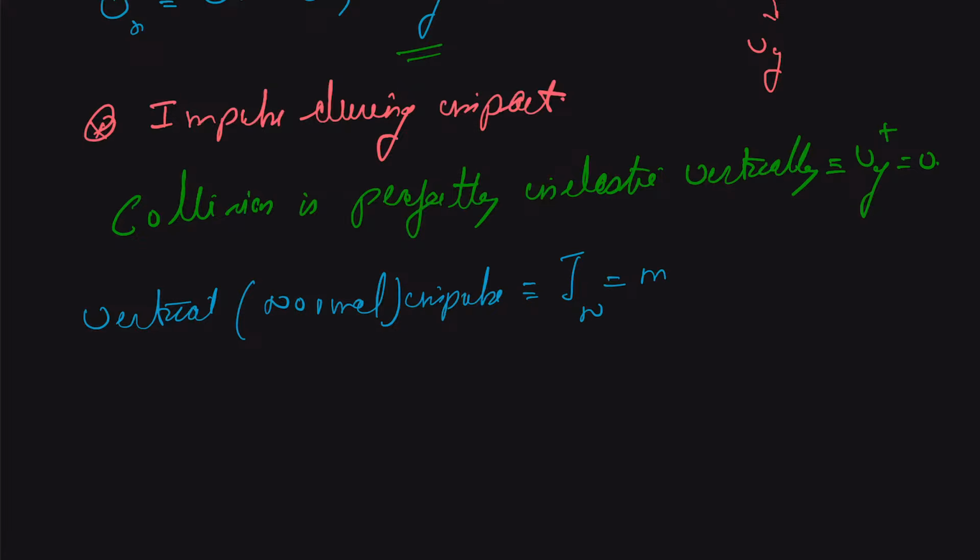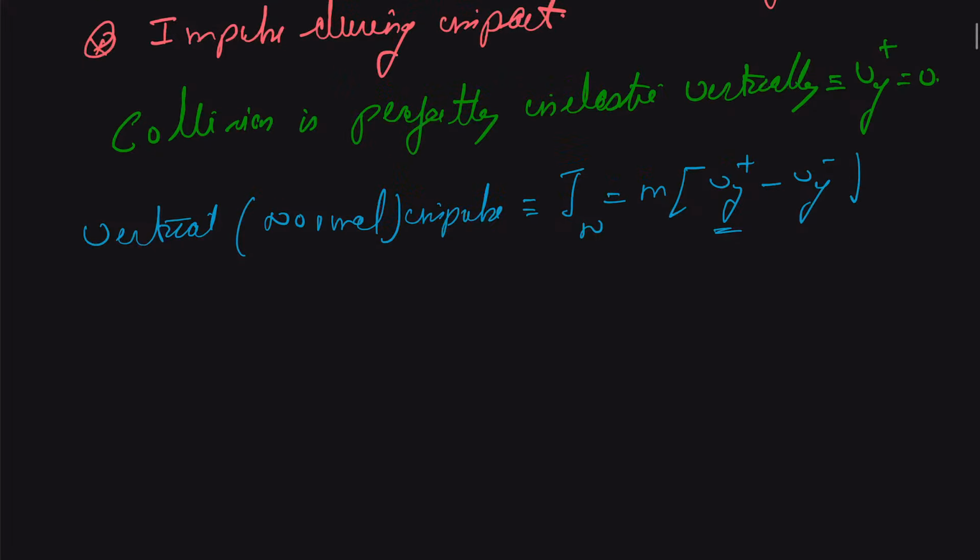Then J of n will be the mass into the difference in the velocities, that is after impact minus before impact. After impact the velocity is 0. Therefore this vertical impulse J of n will be equal to, minus of minus giving us plus, mv sine of theta.